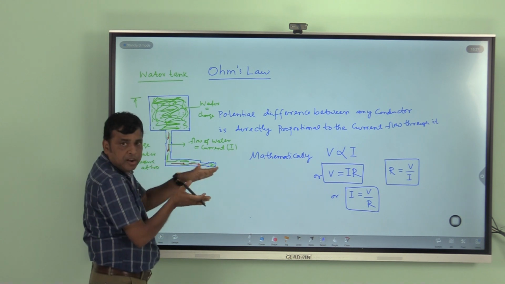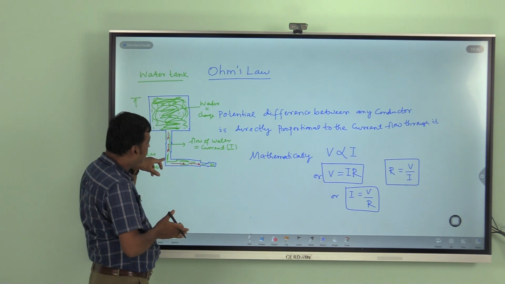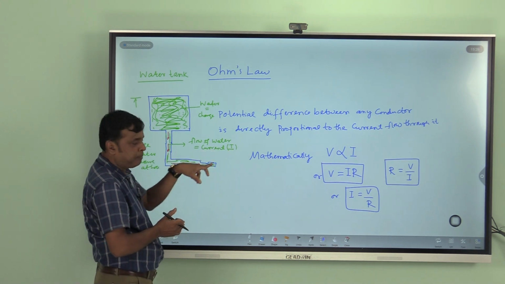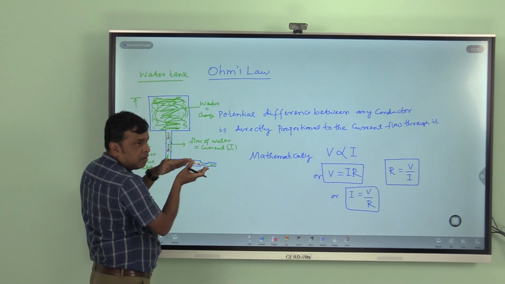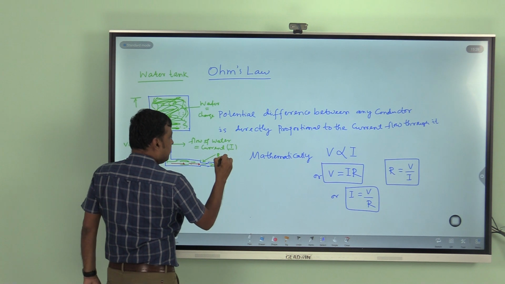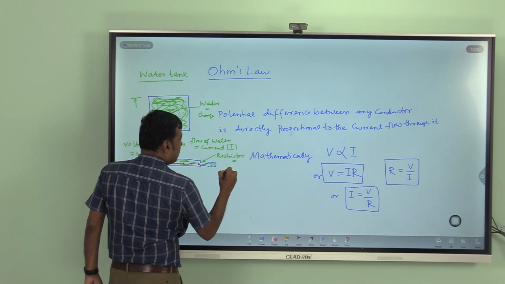That means the pressure at the bottom end of the hose will be maximum or not. This is the rate of flow of water, your current I, and if you restrict the water, that is nothing but your resistance. Restrictor is nothing but your resistance.